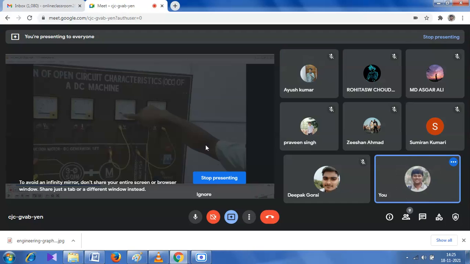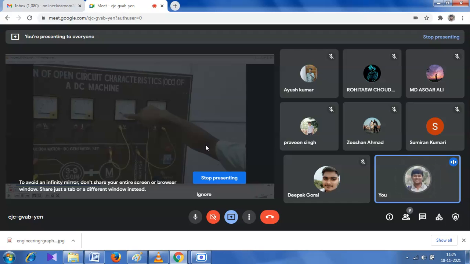So is the speed constant or variable? With the help of a tachometer we can easily check, because the tachometer shows us the reading of the speed of the system.